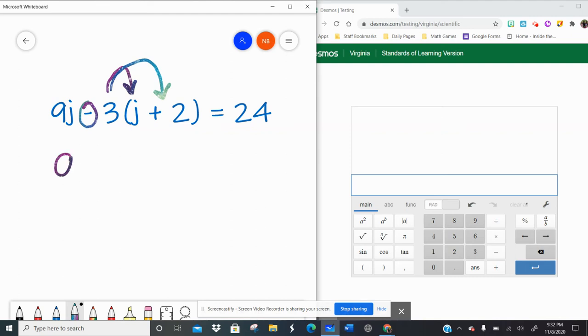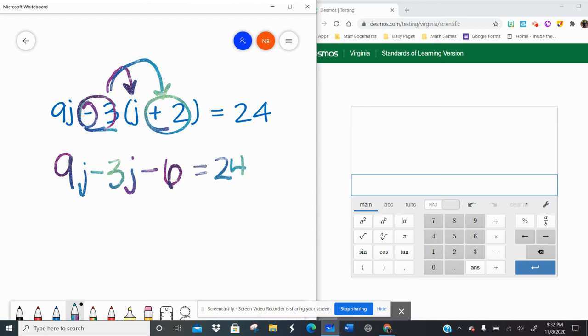So I'm going to bring down that 9j, and then I'm going to say negative 3 times j is negative 3j. But negative 3 times positive 2 is negative 6. So be careful with those signs. Remember, a negative times a positive is a negative, and that equals 24.